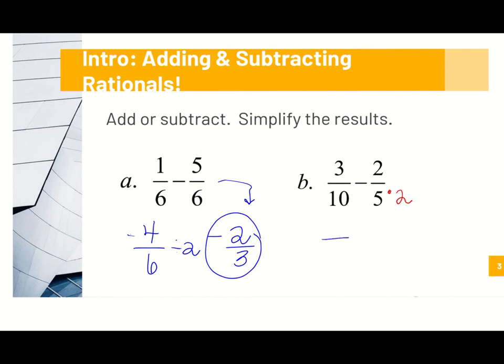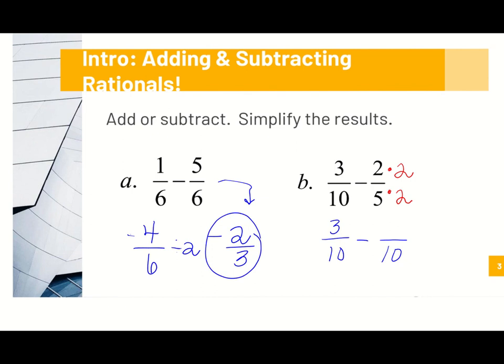So I would have 3 over 10 minus, and I would have 10 in the denominator. But if I multiply the denominator by 2, I change the fraction. I want to keep it the same, I just want it to have a common denominator. So in order to keep it the same, I have to do the same to the top. So I have to multiply the top by 2 as well.